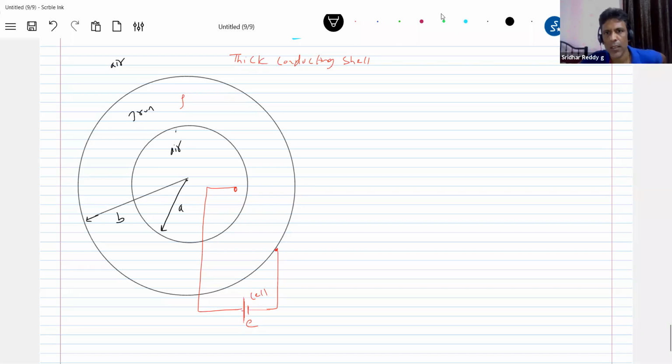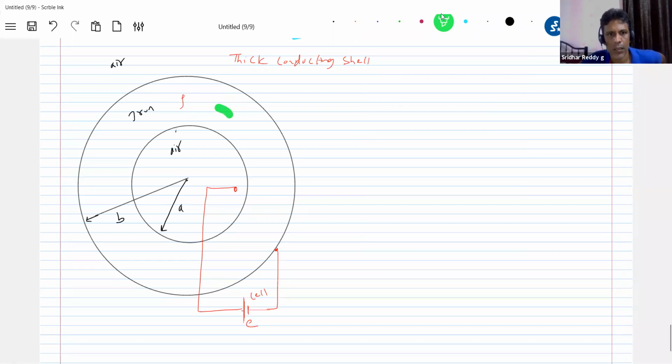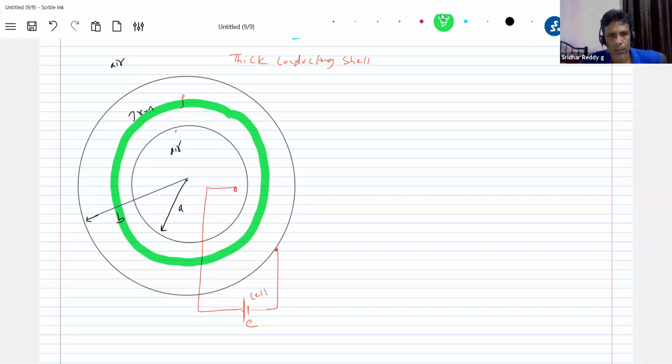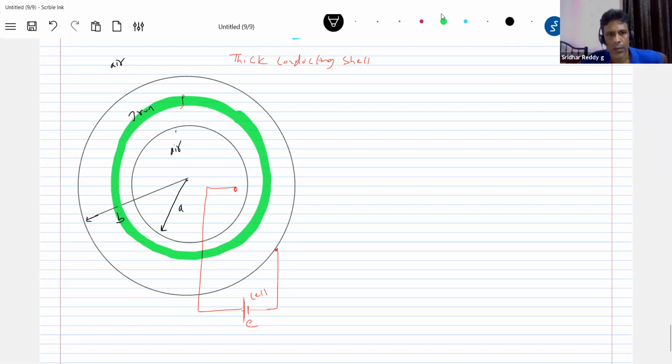Okay, let's go for a thick shell. Let me assume, let this be a shell.